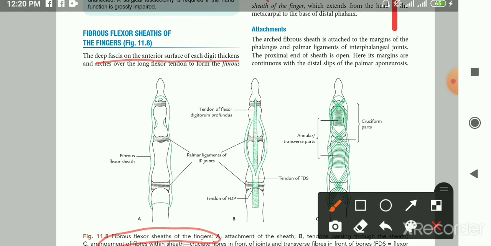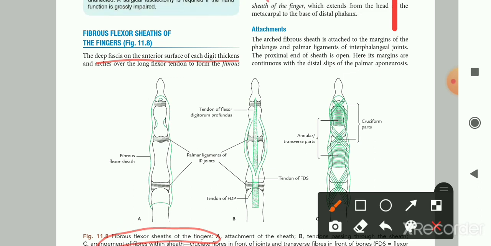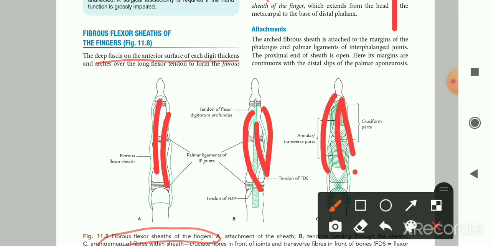So what is it? It is another kind of deep fascia of the palm, on the anterior surface of each digit. So this is the fibrous flexor sheath of the hand, and it is present on each digit.